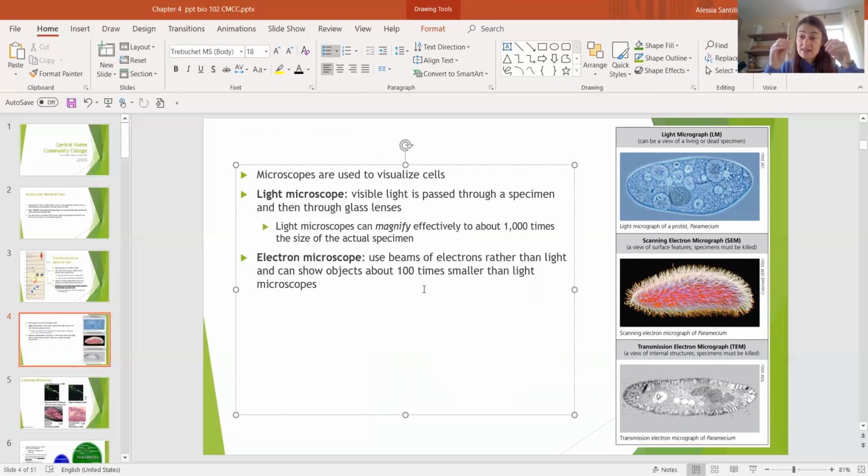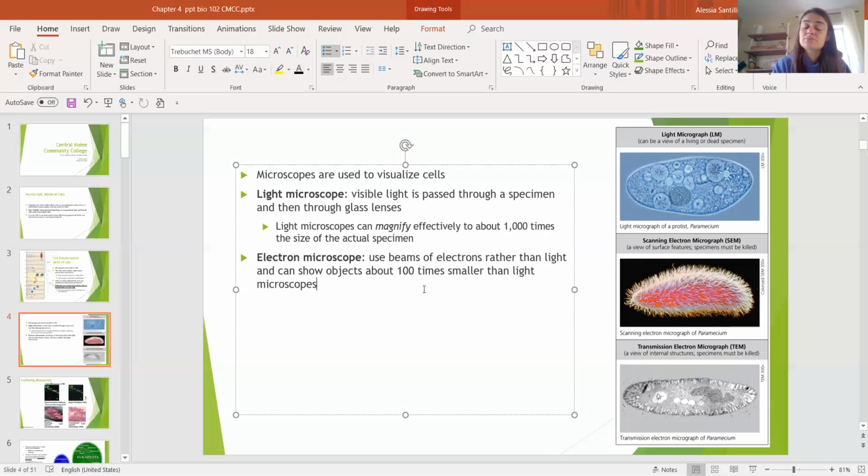The electrons bounce off our specimen, and the scatter pattern we get, the electrons reflected back at you, is going to create a magnification. And this magnification is incredibly potent, up to about 1,000,000 times.